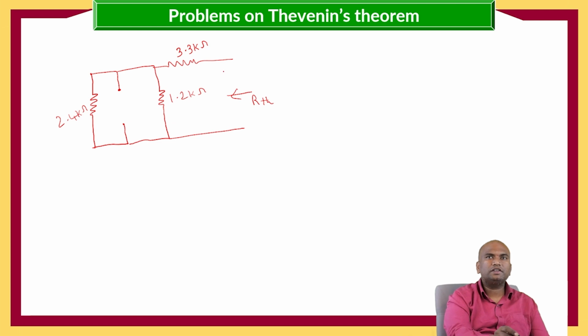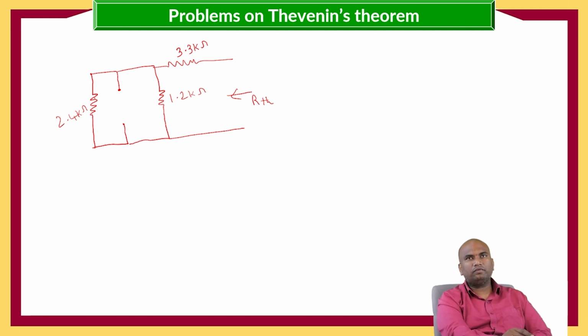Here, if you see the circuit, this 3.3 kilo ohms is in series with the parallel combination of 1.2 kilo ohms and 2.4 kilo ohms.